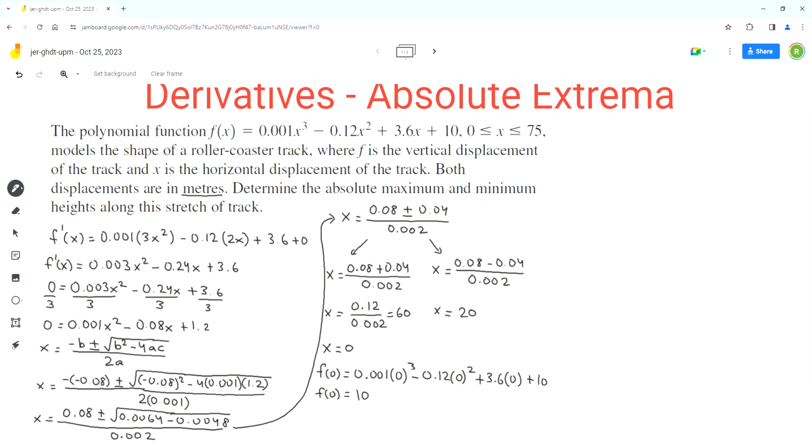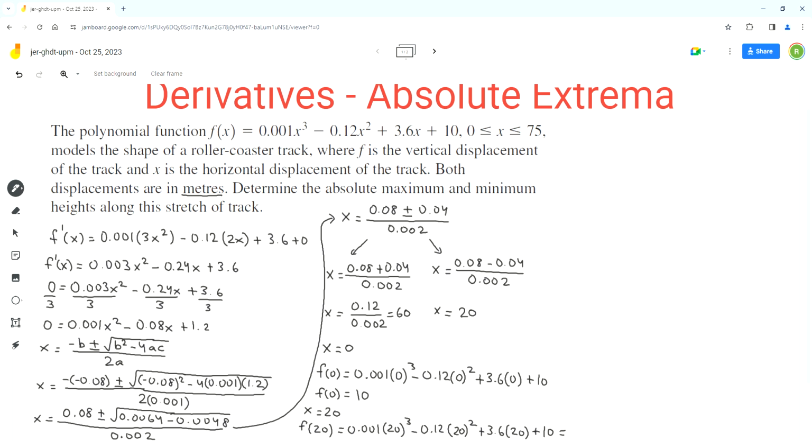So now we have to find the value for x equals 20. So we'll sub in x as 20 in the given function. So it will be 0.001 times 20 cubed minus 0.12 times 20 squared plus 3.6 times 20 plus 10. So now we have to evaluate this expression.